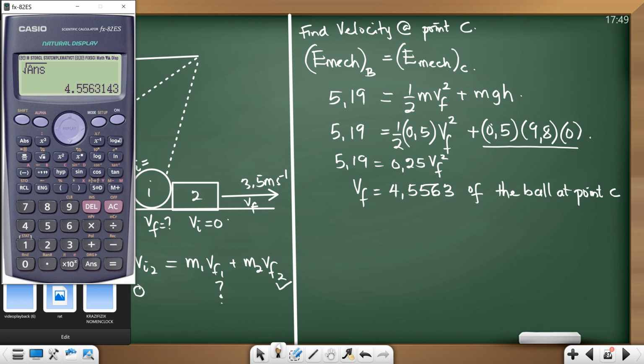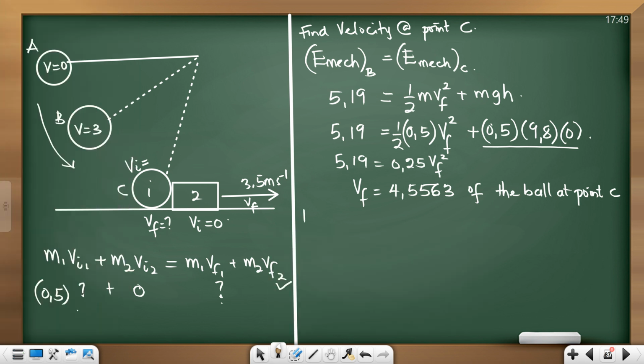Thank you very much. Now, guys, we are now saying object 1 collided with object 2. Now we can bring in momentum. M1 VI1 plus M2 VI2 equals M1 VF1 plus M2 VF2.